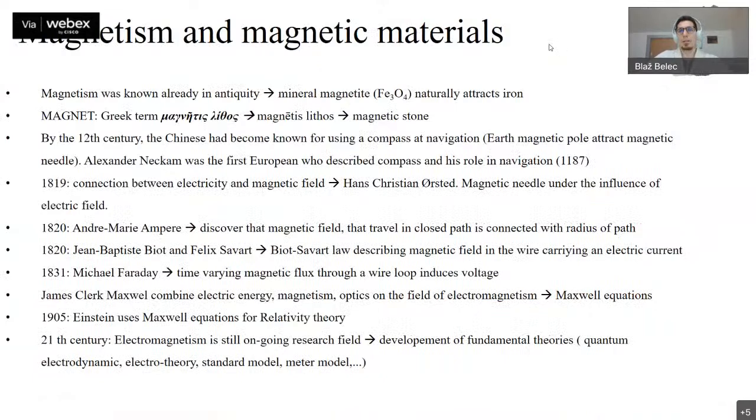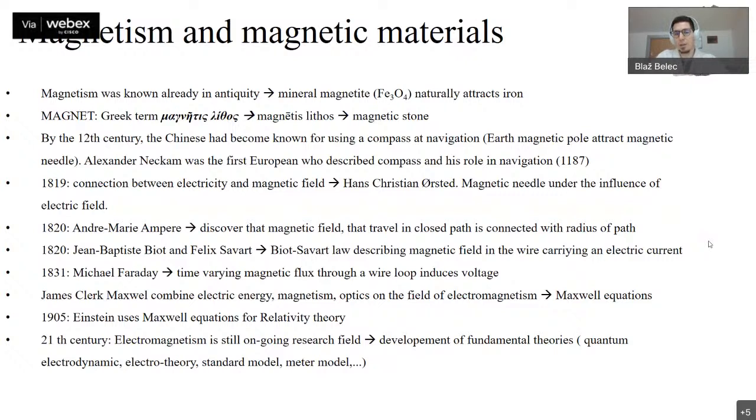So how did everything start? Magnetism or magnetic materials were already known in antiquity. The first known material was magnetite, Fe3O4, an iron oxide, which naturally attracts iron.